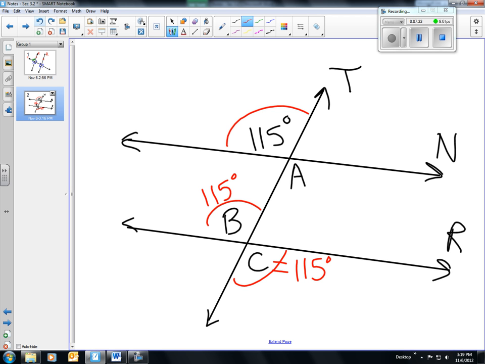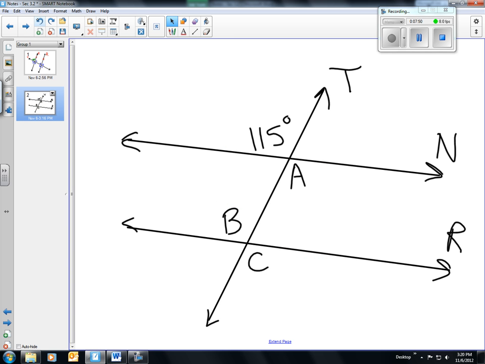And then by the alternate interior angles theorem, we could say angle B and angle A are congruent. So angle 115. Okay? So there's two different ways to solve a problem like that. And there are many others you could use as far as using linear angles, vertical angles, consecutive interior angles theorem, or alternate interior angles theorem, or alternate exterior angles theorem.